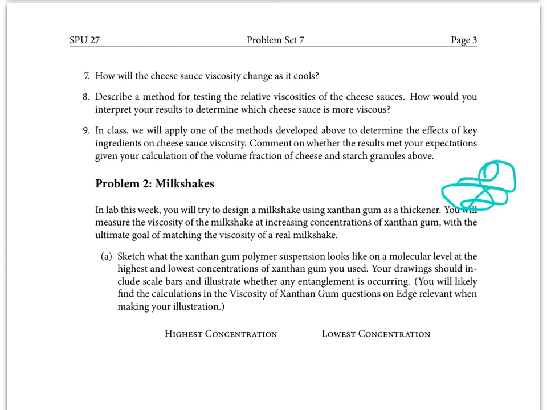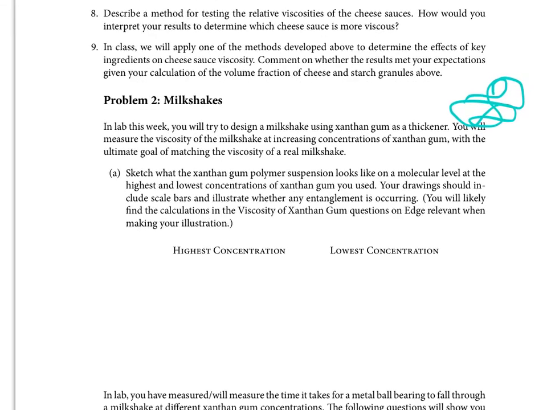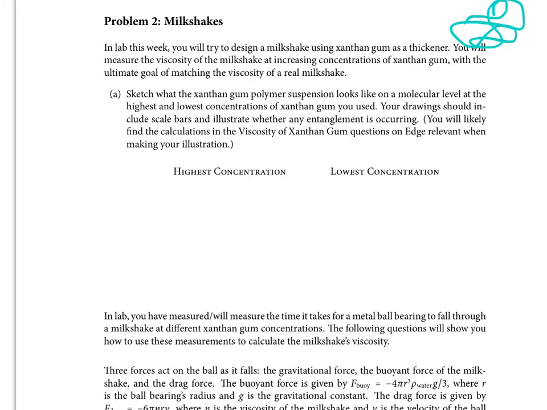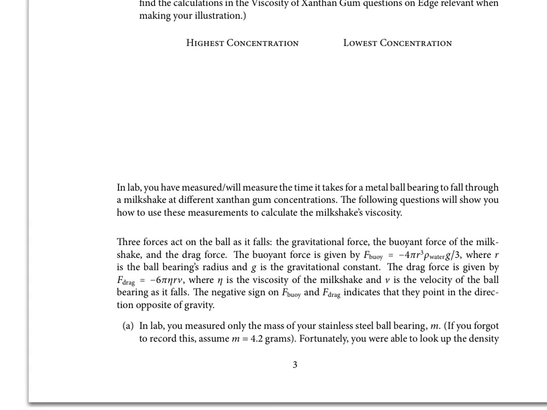And the point of the lab was really for you to discover this yourself in the lab with your own experiments. And so we ask you to draw what you think is happening based on thinking about the xanthan gum molecules. And then we ask you to think about measurements of the viscosity that you do in lab.